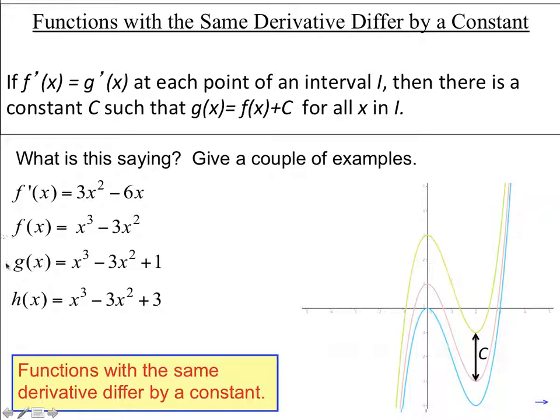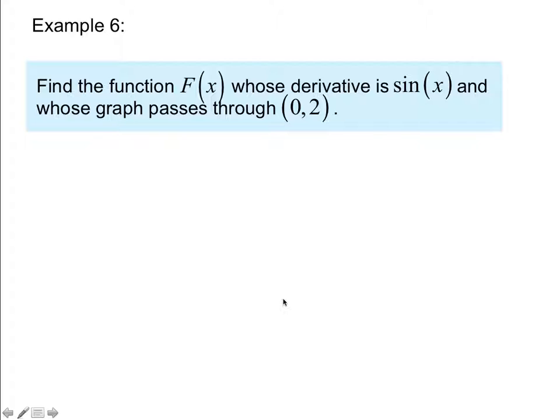If we look at these 3 functions, f, g and h, they're all different, and their difference is this constant right here, because once we differentiate, these constants go away. So in general, this function is x cubed minus 3x squared plus c, some generic constant that's going to give us some offset. The value c is something we have to find eventually.